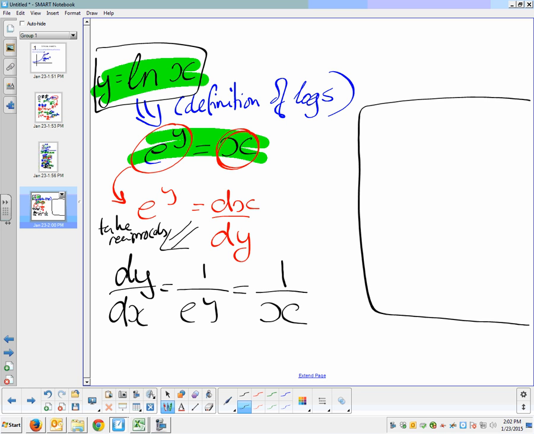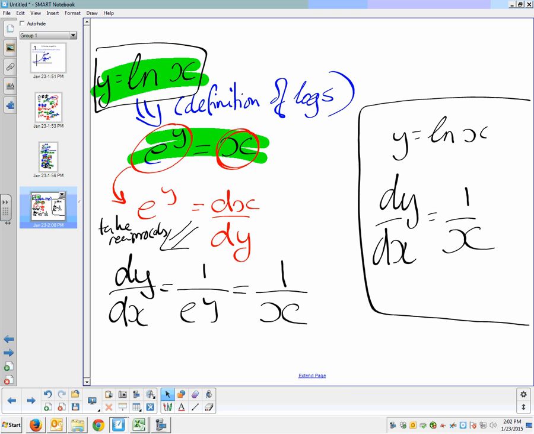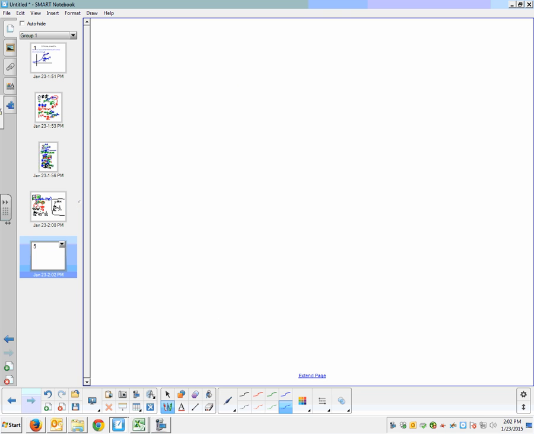So that's the rule and the reason why log x differentiates to 1 over x. And again, it follows the same sorts of product rule and chain rule as before.